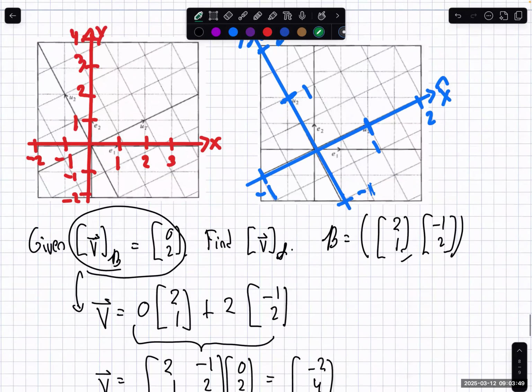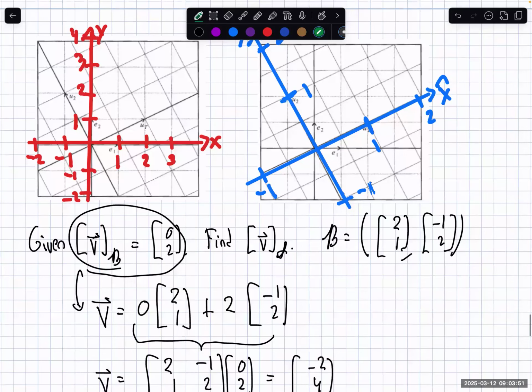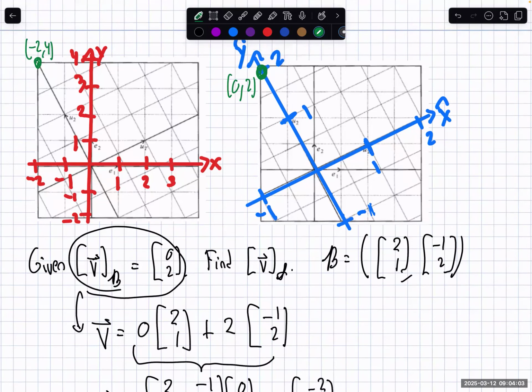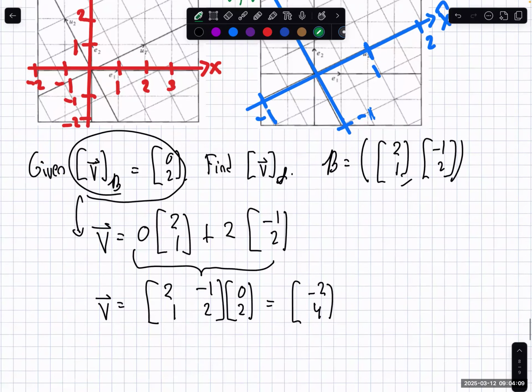So remember, (0, 2) is our description here. We take that same point and calculate it relative to the red system. It's the point (-2, 4). So here's the calculation.